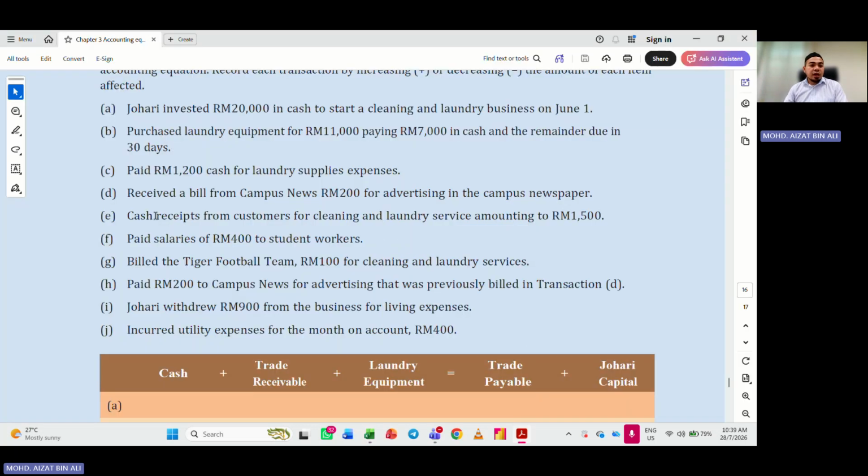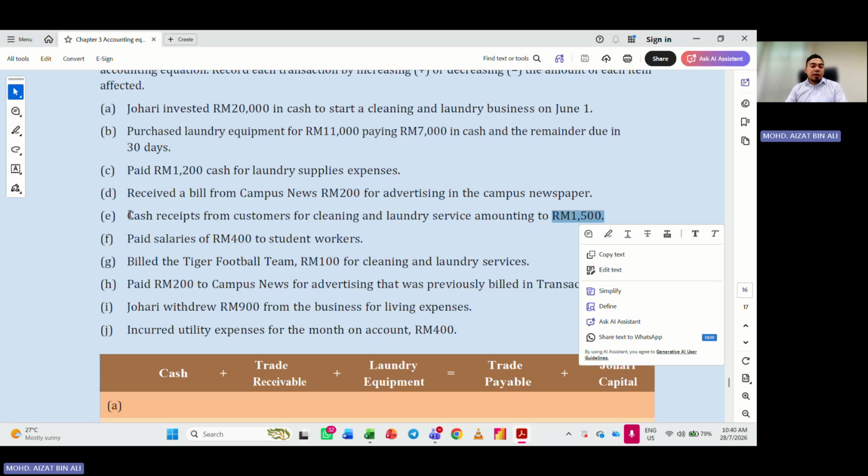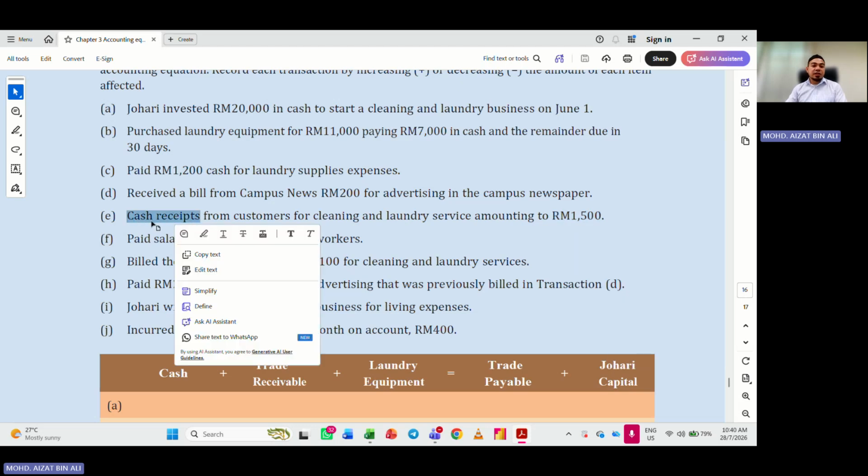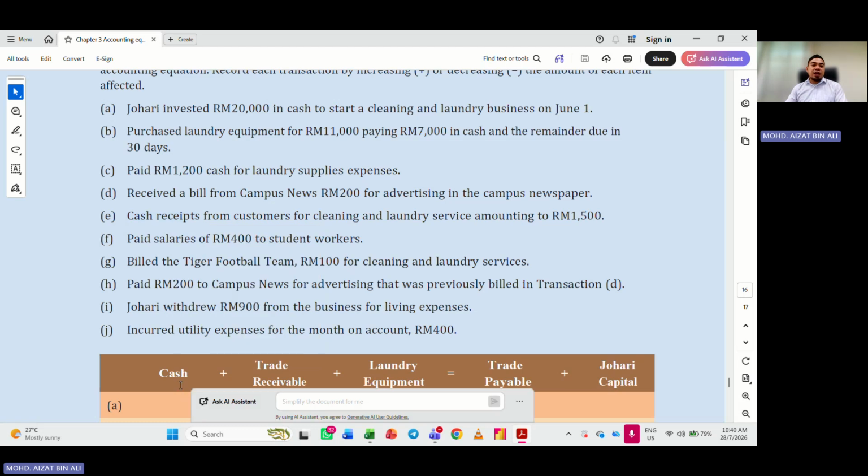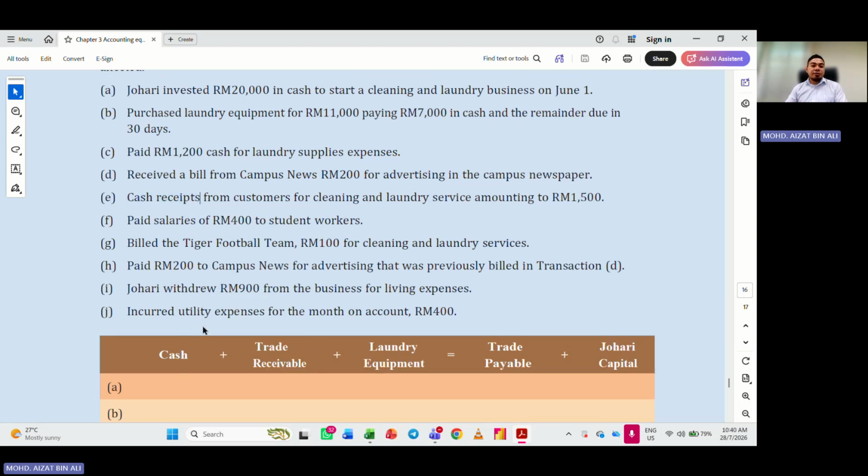Okay, next. Cash receipts from customers for cleaning and laundry service amounting to 1,500 ringgit. What does it mean? It means that we perform the service, cleaning and laundry, and the customer pay us immediately by cash. Okay, we receive cash from customers. Okay, so in this case, we are going to record in our cash column, okay, increase, and in the owner's equity, because this is service revenue, increase as well.